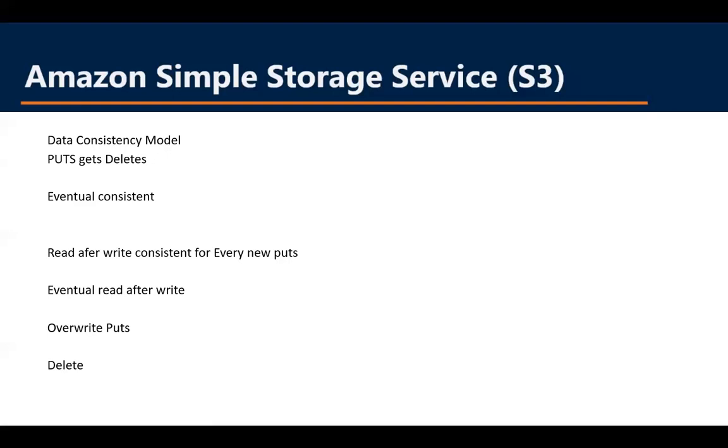It means that if you are putting data for the first time and try to access it, it will give you consistent data. But if you are updating the content, the read may be eventually consistent. For all the overwrite puts that we place, it may be eventually consistent. It may provide you the actual content or it may not.